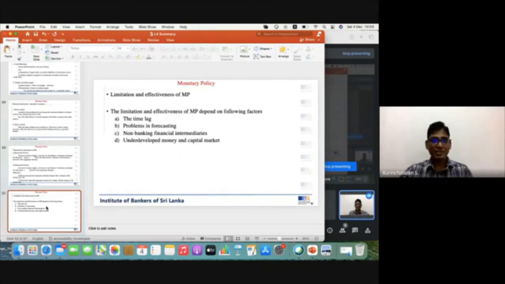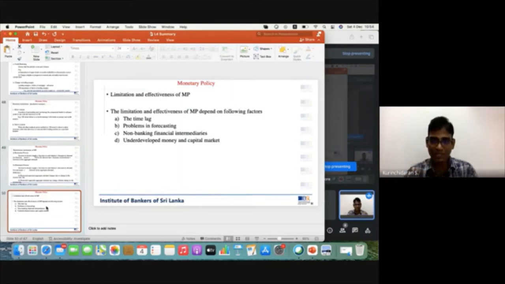And then see non-banking financial intermediaries. Now this monetary policy can pass through the banking system. Bank rate, yes, through the banking system. SRR through the banking system. But now let's say most of the people are using non-banking financial intermediaries, that means finance companies or any other informal channels, then it is not going to work that effectively.